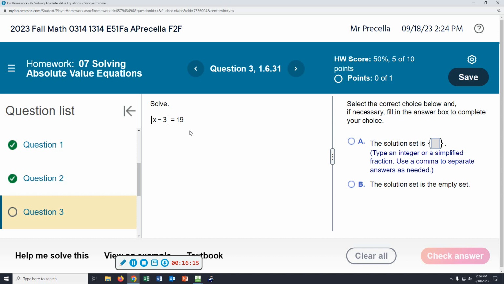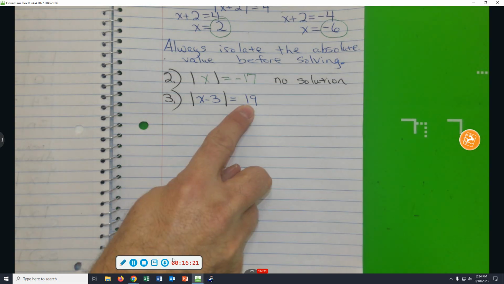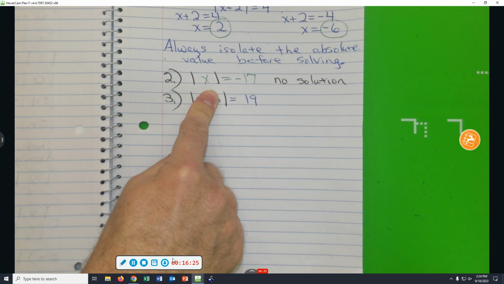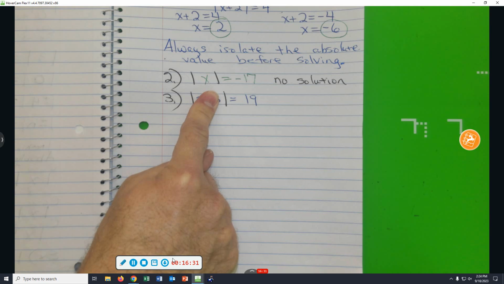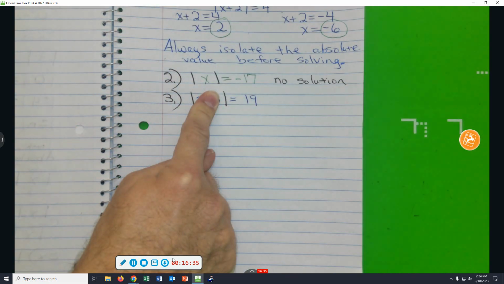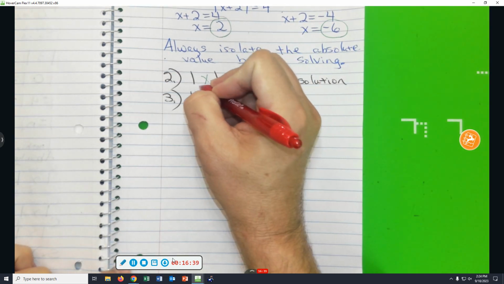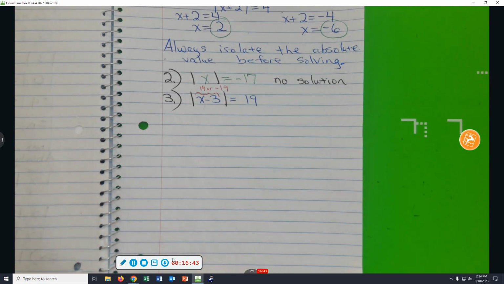There's a positive number here, so you're thinking to yourself, what are the only two numbers that can be inside here? What two numbers have absolute value equal to 19? 19 or negative 19.